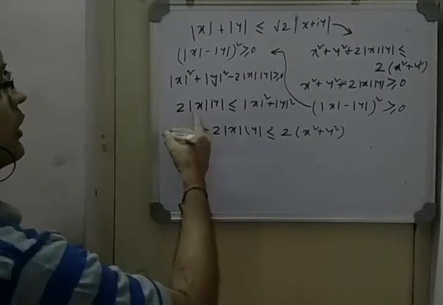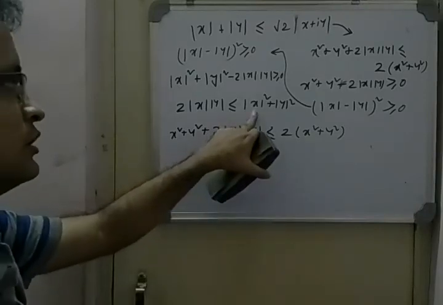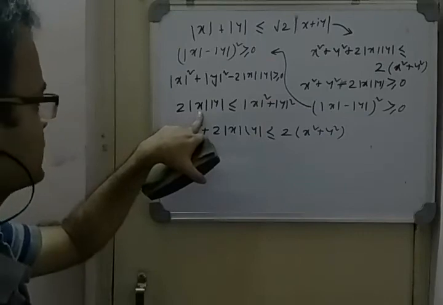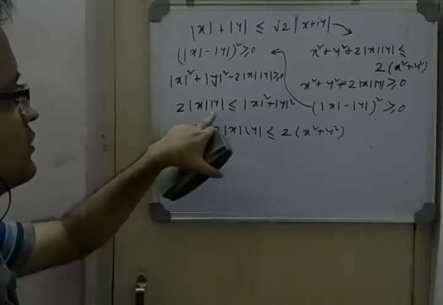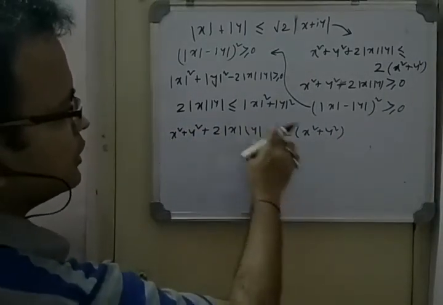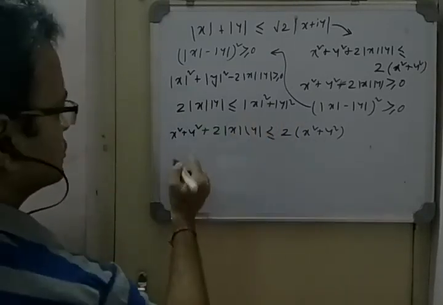When x and y are real, mod x square and x square are the same thing, mod y square and y square are the same thing. But mod x and x are not the same thing, mod y and y are not the same thing, because x and y can be negative but mod is always positive. So squares we can interchangeably write, but we cannot change this.